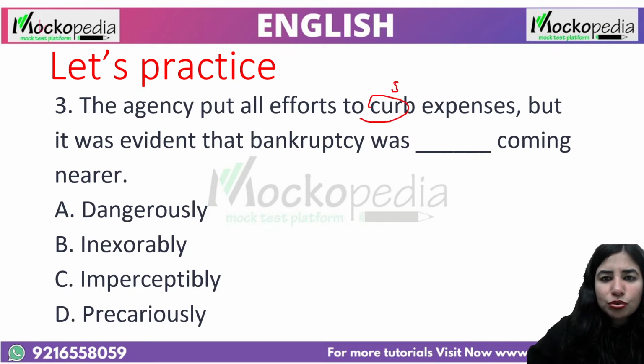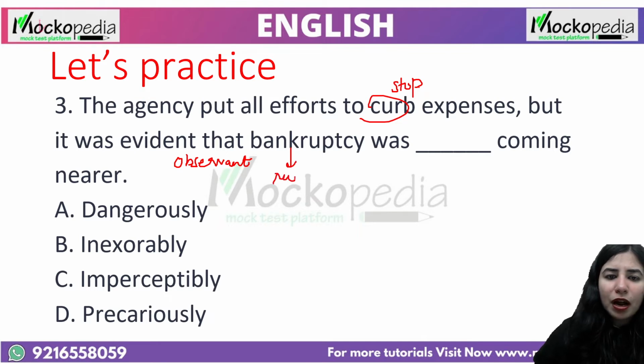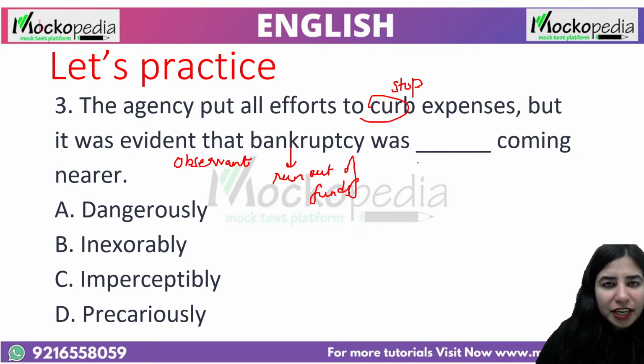Curb is to stop. Okay. Evident means observable. Bankruptcy is when you run out of funds. My idea in telling you the meaning of such words is that you should be able to deconstruct the statement rightly, right? That's our goal, right? So here we are learning the strategy.